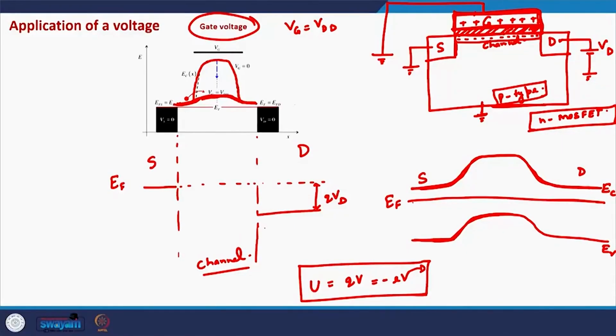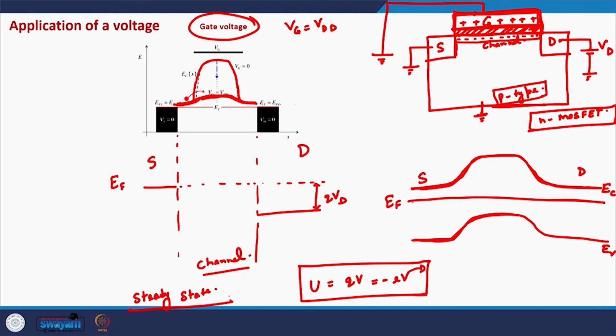So application of a gate voltage does not disturb the equilibrium in MOSFET, but application of drain voltage actually takes the device out of equilibrium, and now if there is a constant current in the system, that state of the system will be known as the steady state. Okay.